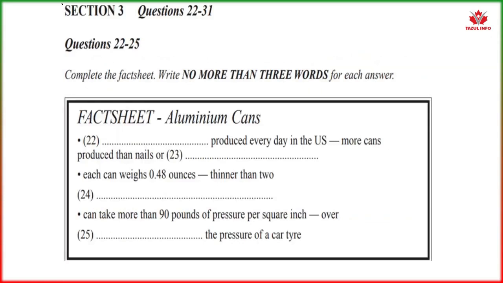Now turn to section 3. Section 3. Two students, Dawn and Ilmar, are discussing a project that they are working on together. First, you have some time to look at questions 22 to 25.